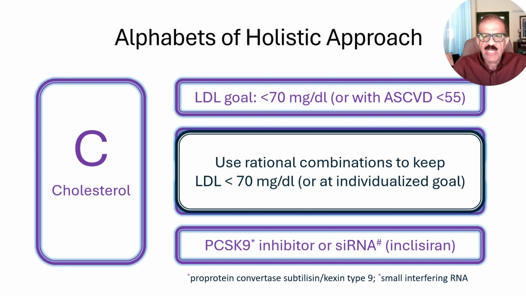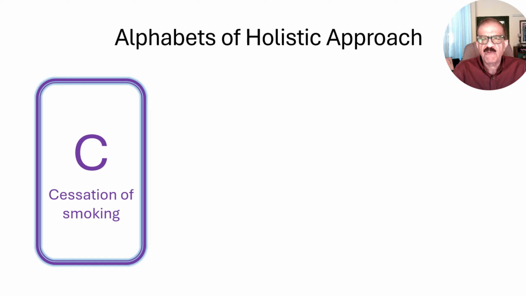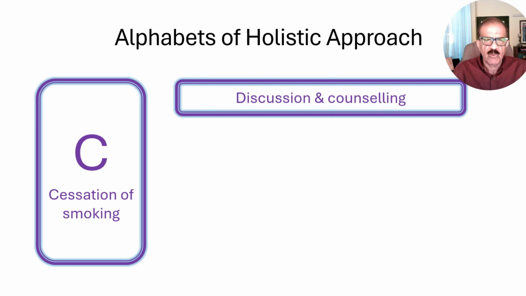But C also stands for cessation of smoking. Smoking is extremely common in our country also and contribute to the atherosclerotic cardiovascular disease in diabetic individuals. So I think the problem is very rarely patient would come to you for counseling about cessation of smoking. They would come for their diabetes or for their hypertension.